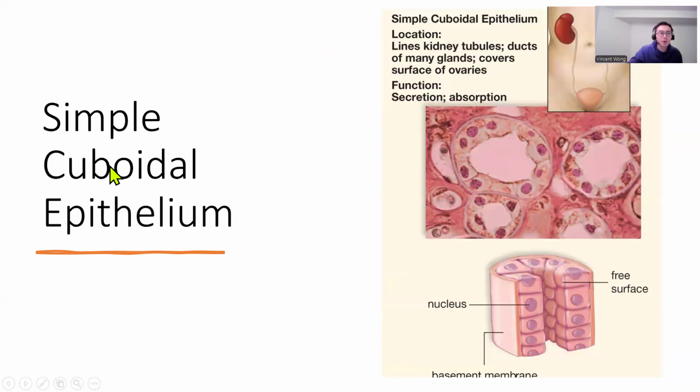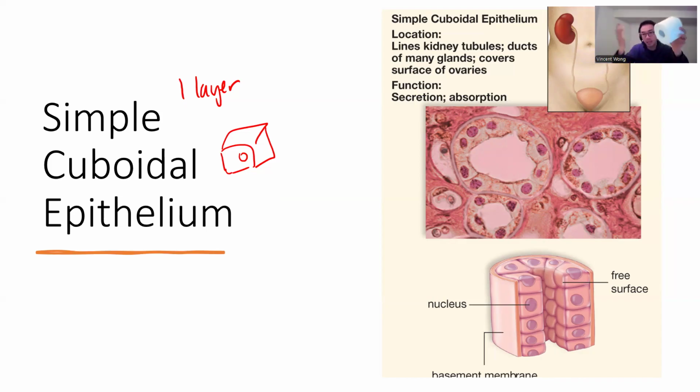Next, we have simple cuboidal. Simple is one layer. Cuboidal is square, cube looking. They offer a little bit of protection, but the main function is that they form the lining of a duct. Again, my tissue paper roll: this is a duct, and inside the duct there could be various things. It could be sweat, milk, or urine, depending on where you find the duct.